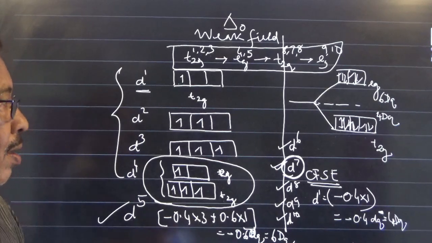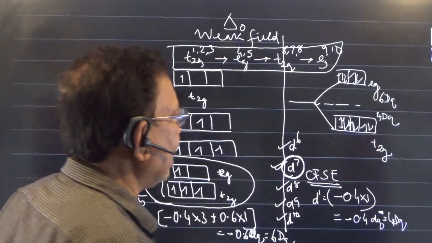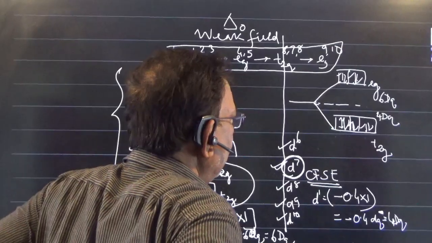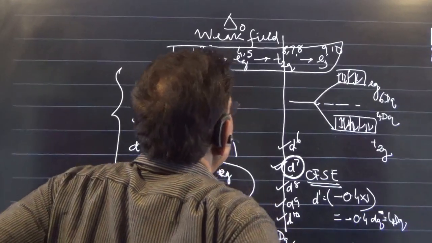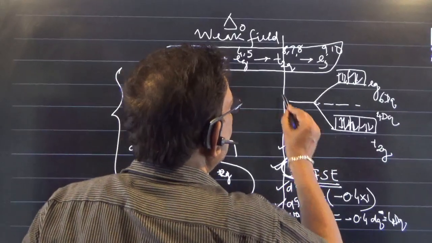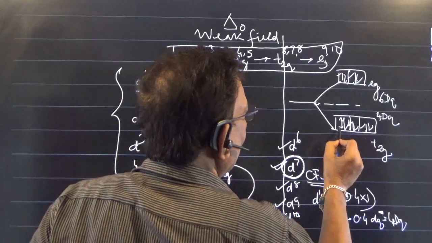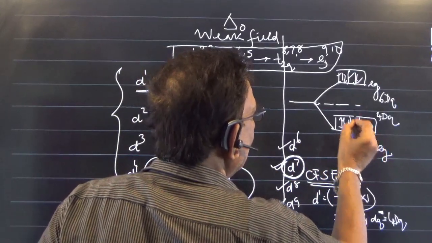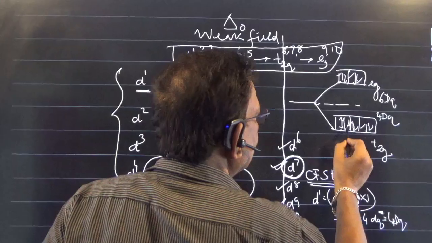Minus 0.4 Dq. Wait a minute, 4.8. Wait a minute, further. D7. So 1, 2, 3, 4, 5, 6, 7.